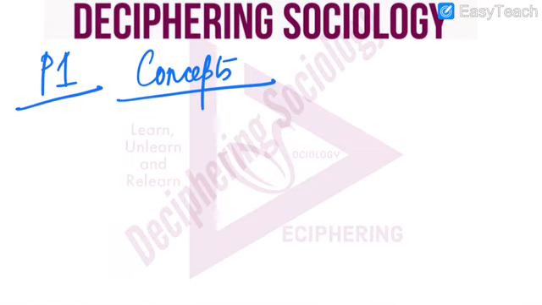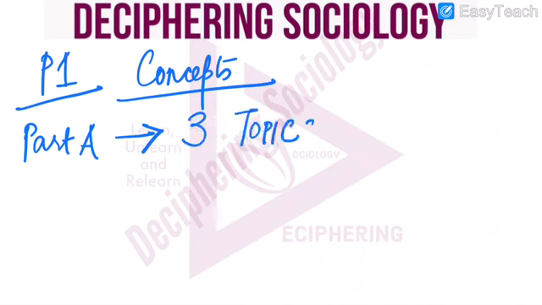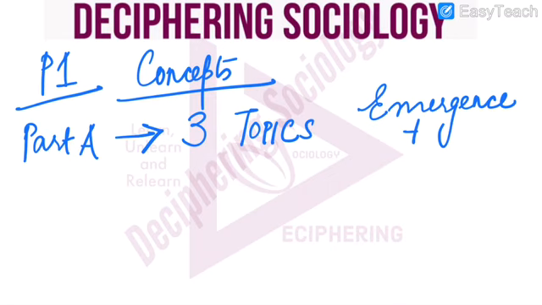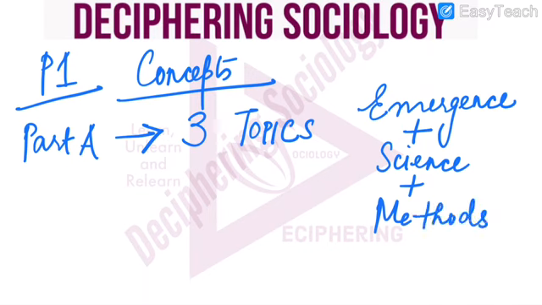In the concepts, in part A, we have 3 topics. They are introductory topics. For example, it tells us about emergence, development of sociology as a discipline, establishment of sociology, different departments, different institutions, different universities where sociology came up. And then it also tells us about the methods that researchers use while studying society.